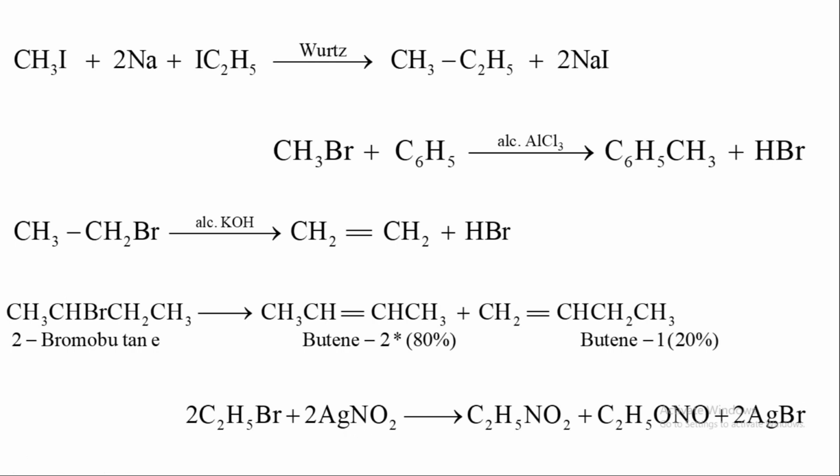Due to this bond, the nitrogen is not directly attached with carbon, right? So we are getting nitroethane much more. If we use KNO2 instead of AgNO2, then we will have the major product as the ONO compound. So we have to remember this: AgNO2 will give the nitro compound.